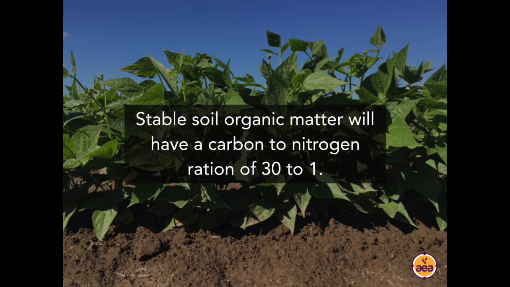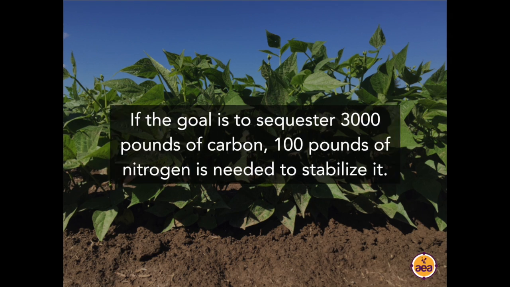So if we want to sequester 3,000 pounds of carbon in our soil profile, where the crop residue and fungi and the minerals of the soil are coming from the atmosphere, we need somewhere in the nitrogen cycle to contribute 100 pounds of nitrogen. In order to have a 30 to 1 ratio, if we have 3,000 pounds of carbon, we need 100 pounds of nitrogen to stabilize that.